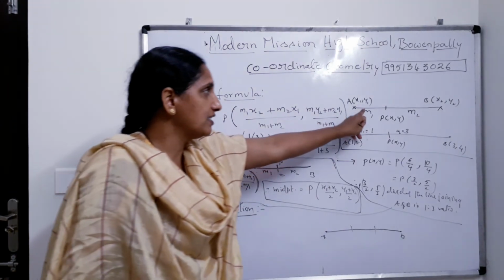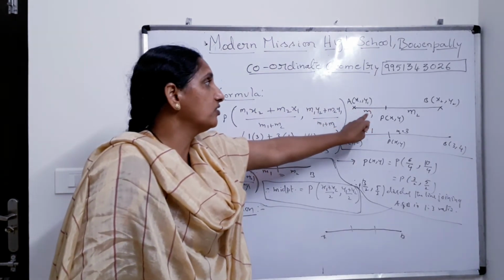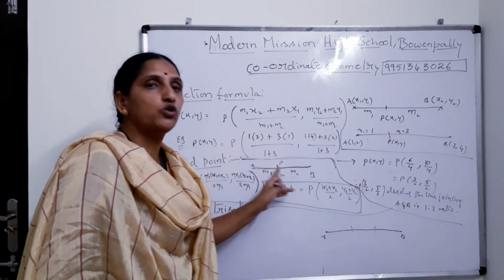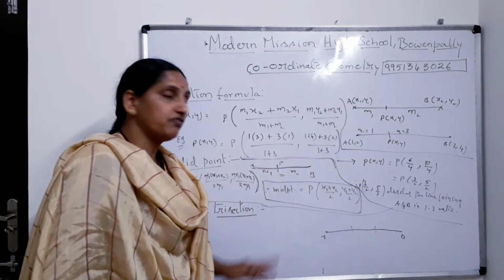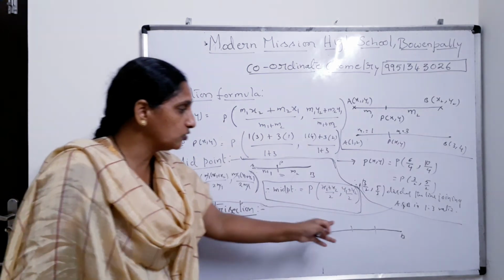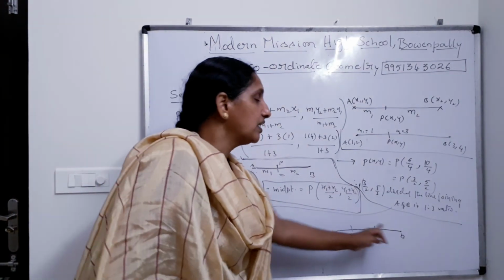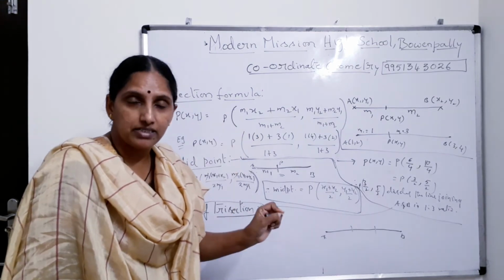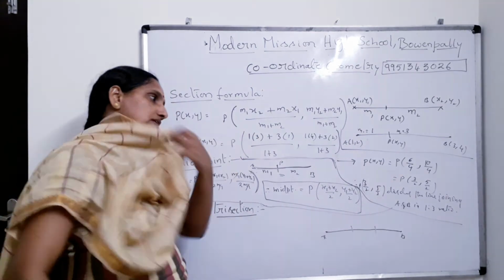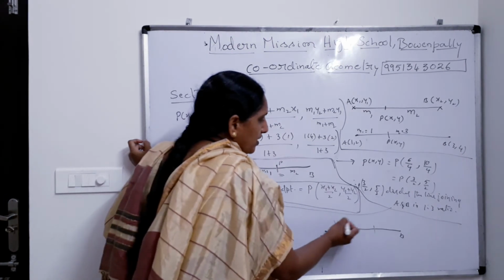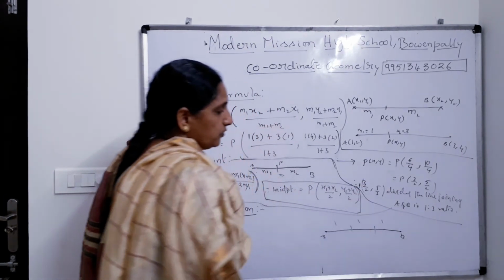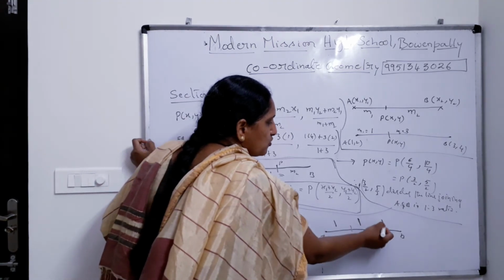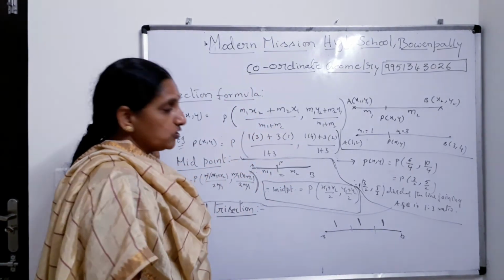Remember, here we didn't say it is equal. It is dividing it into M1:M2 ratio. Then in the midpoint we said into 2 equal halves. And now trisection: these 2 points divide the line joining A and B into 3 equal parts. That means suppose 1:1:1 ratio. Is it not? 3 equal parts. You can say M:M:M, which means 1:1:1.